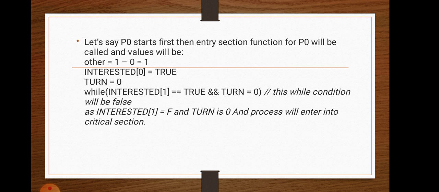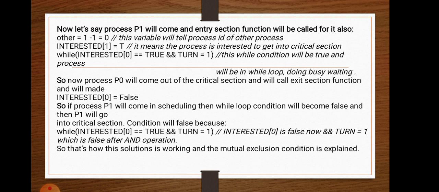Then while interested is true and the turn is again equal to 0, in that case this while condition will be false, as interested of 1 is false, and the process will enter its critical section.